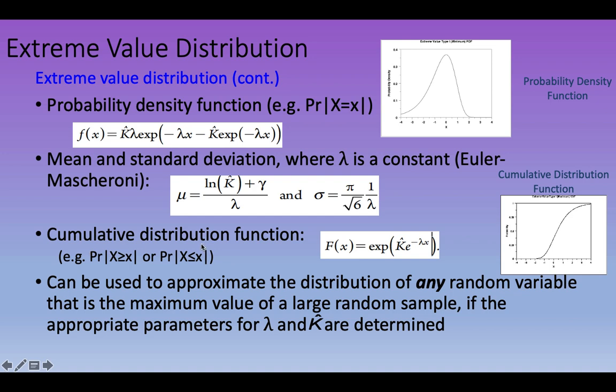In addition to the probability density function, you'll often hear people talk about a cumulative distribution function. The cumulative distribution function looks something like this. This is the probability of a value pulled at random being less than or equal to a specific value.